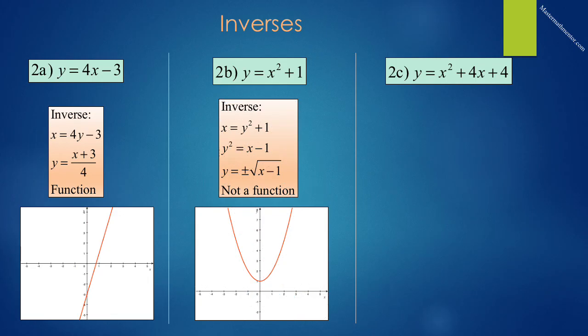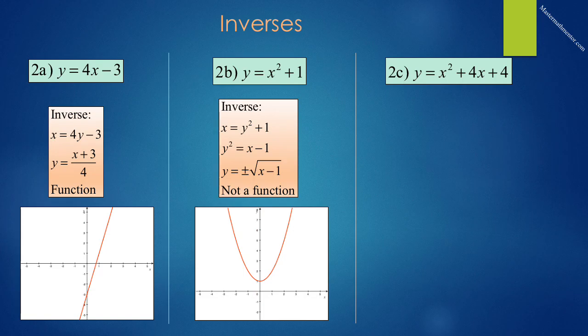In 2b, we have y equals x squared plus 1. The inverse, by switching x and y, is x is equal to y squared plus 1, and y squared equals x minus 1. Therefore, y is equal to plus or minus the square root of x minus 1. In graphing the original expression, we see that it fails the horizontal line test, and therefore the inverse is not a function.